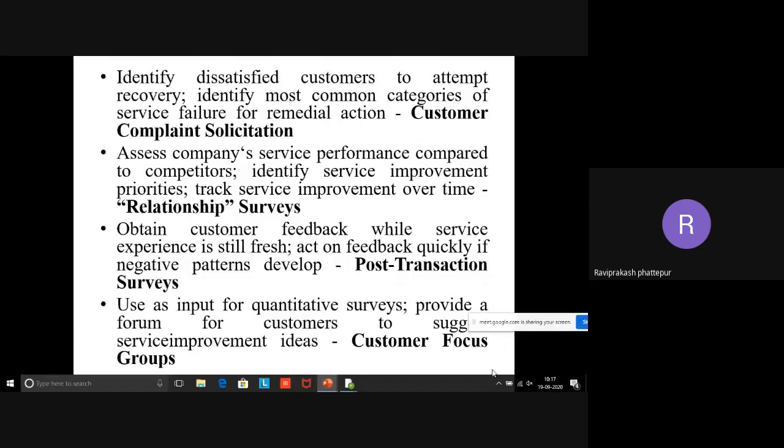So we need to get feedback from the customers as soon as the service delivery is done, or as soon as the customer has availed that particular service. If that is fresh in their minds, what happened and what was happening, the customer may not forget the things, unlike if you are asking after a certain period of time.